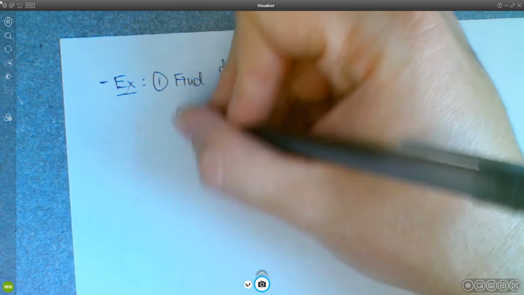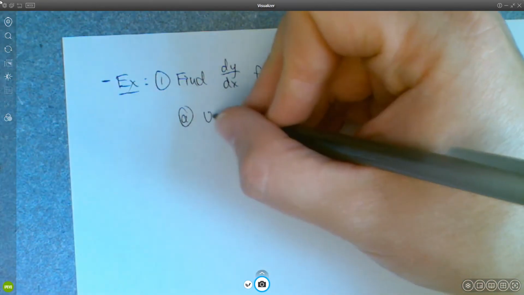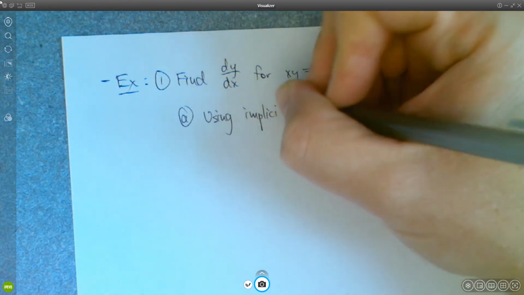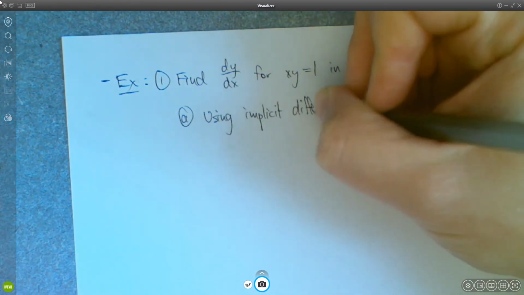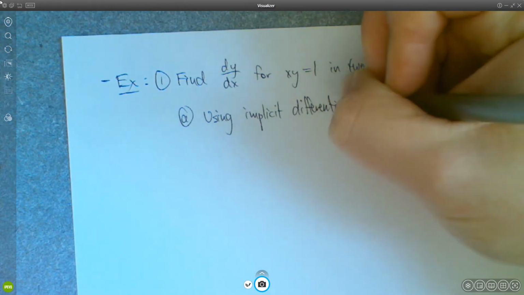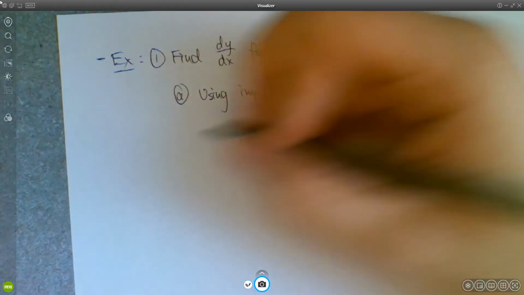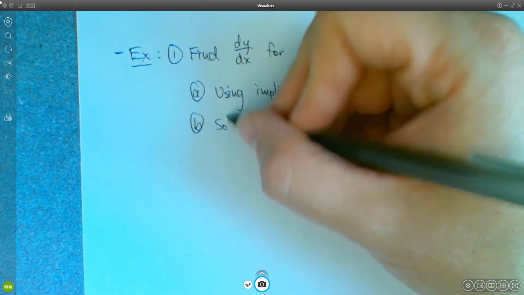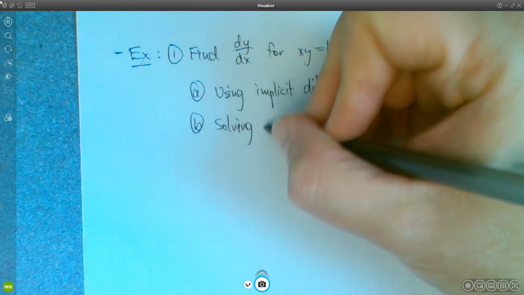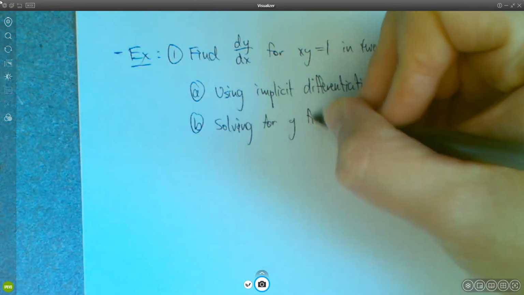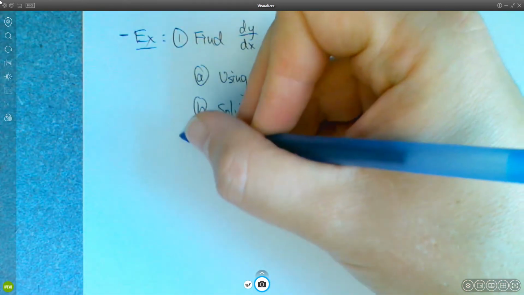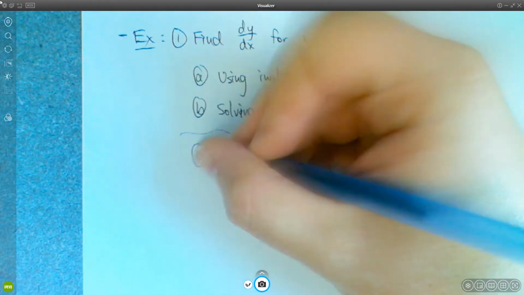The first way is we're going to use implicit differentiation, and I'll show you that way. The second way that I want to do it is by solving for y first, and then we'll do some kind of normal differentiation. So, here we go.